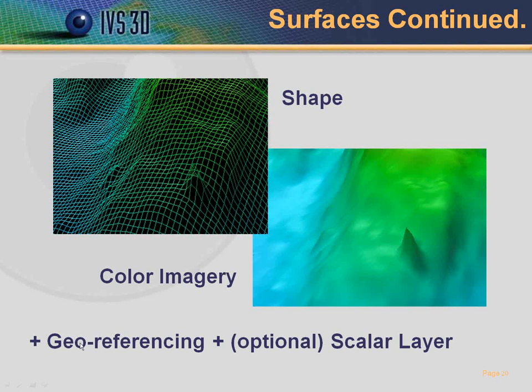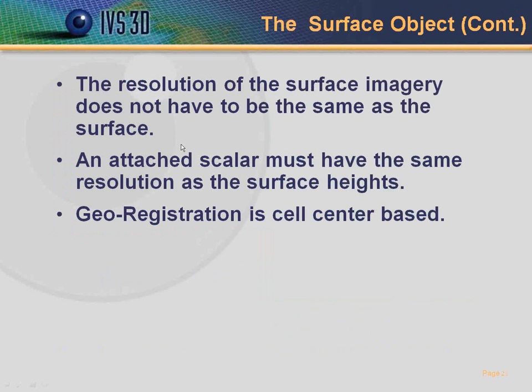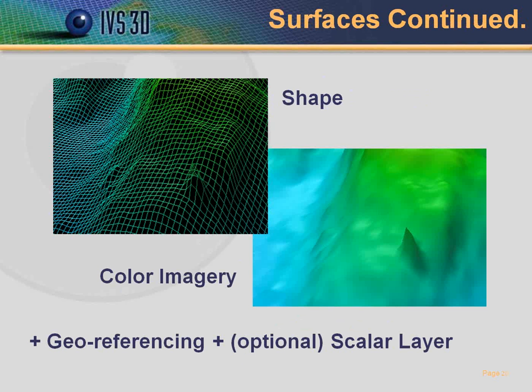Then of course you have your georeferencing, which positions your grid in the world and in whatever coordinate system you want. And there's also actually an optional, what we call a scalar layer, where you can attach to a surface, say the slope or the temperature, pressure, or whatnot. So you can, for example, have the shape of a surface but have it colored by the scalar value.